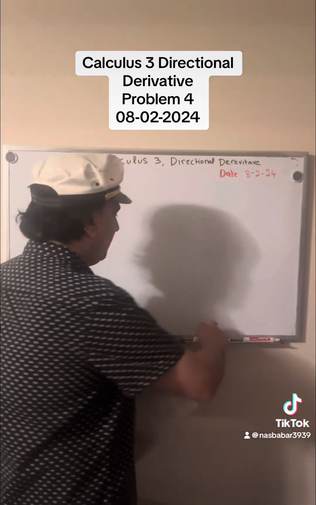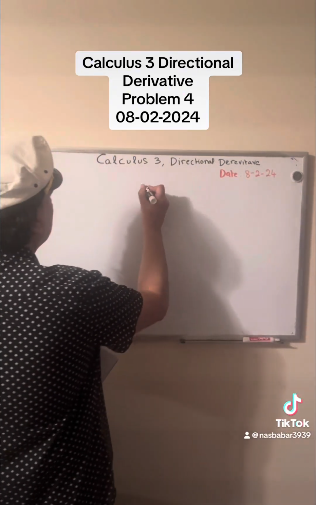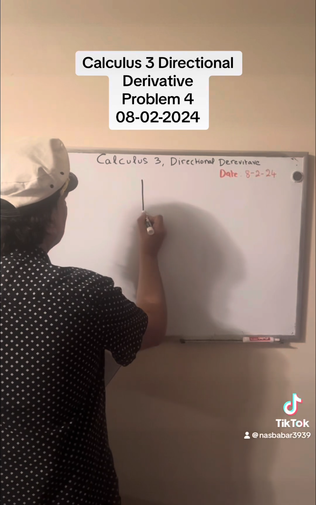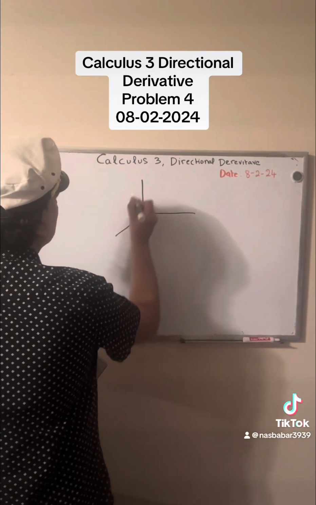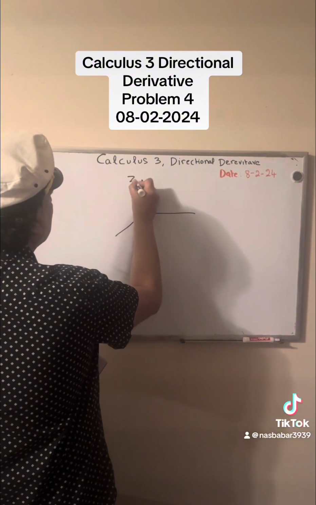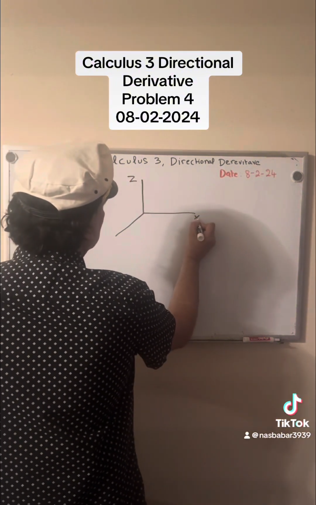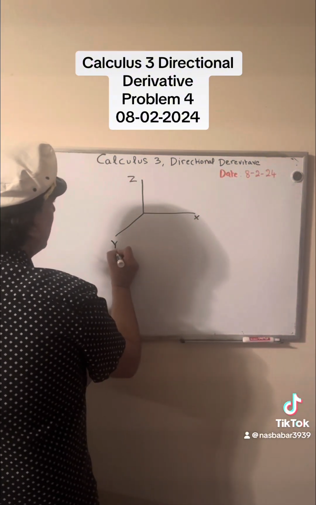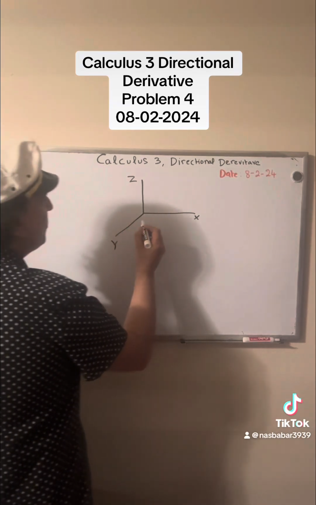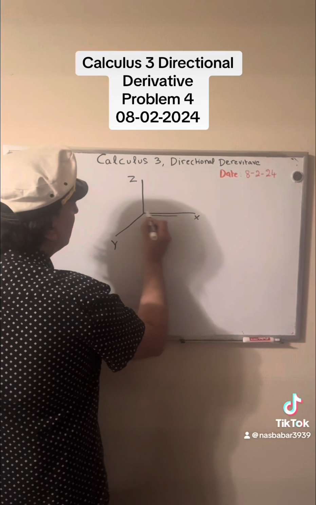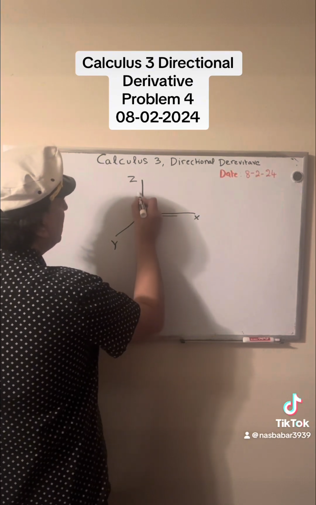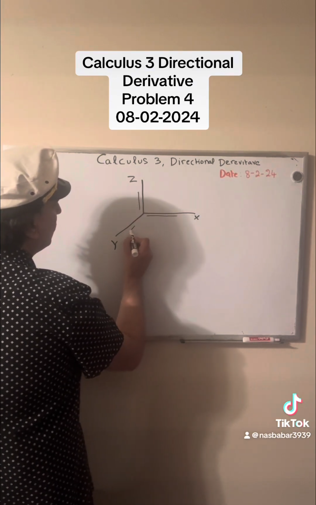So this is what I was talking about. Let's say you have something like this. This is your z, this is your x, and this is your y. Traditionally what we've been doing is finding derivative along x-axis, derivative along z-axis, derivative along y-axis.